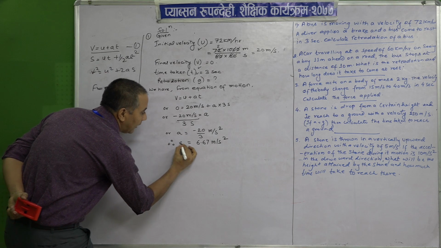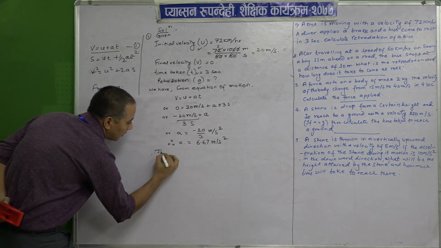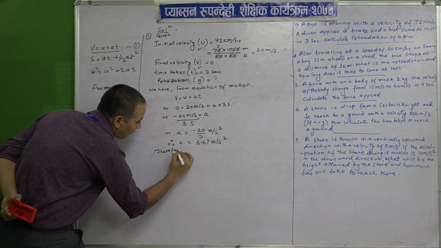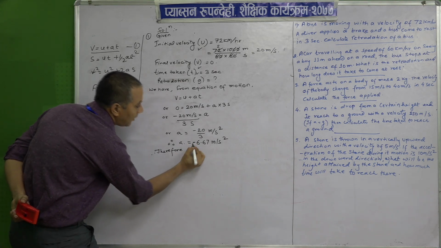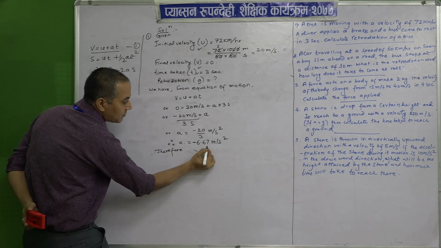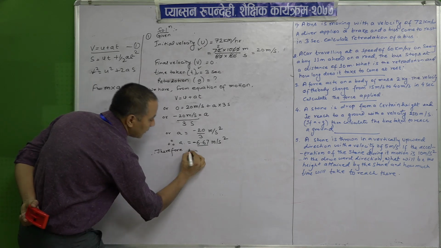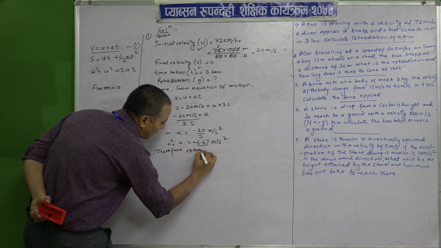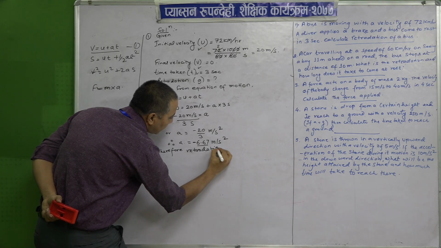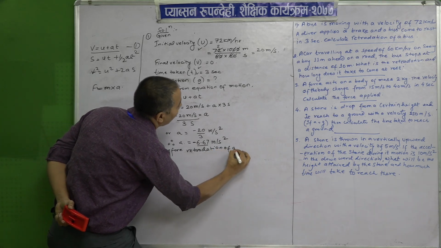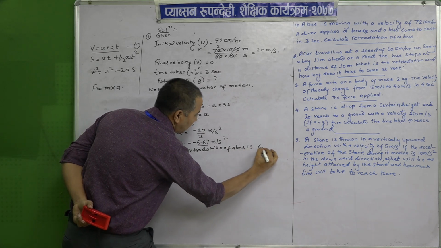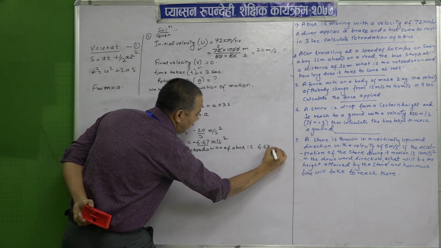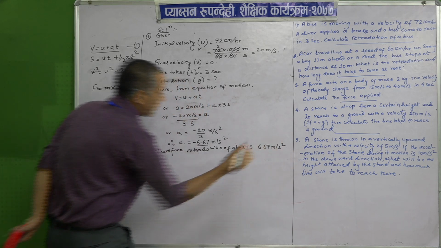Therefore, acceleration, retardation, is in minus. So, minus means retardation. Therefore, the retardation of the bus is 6.67 meter per second square.